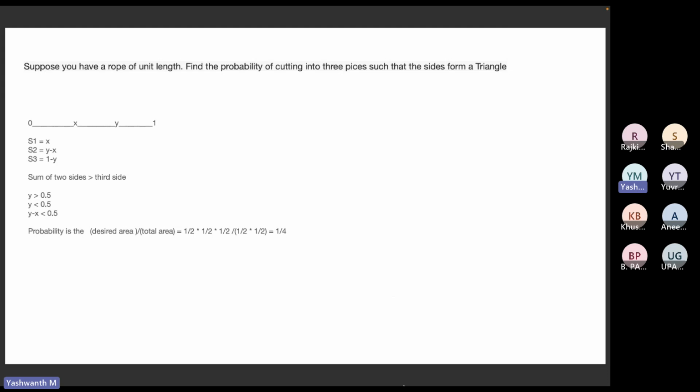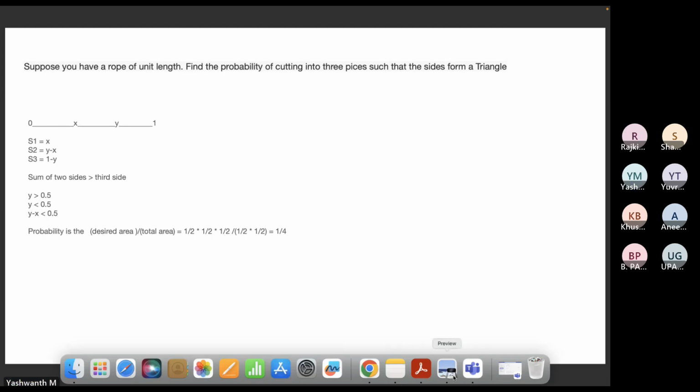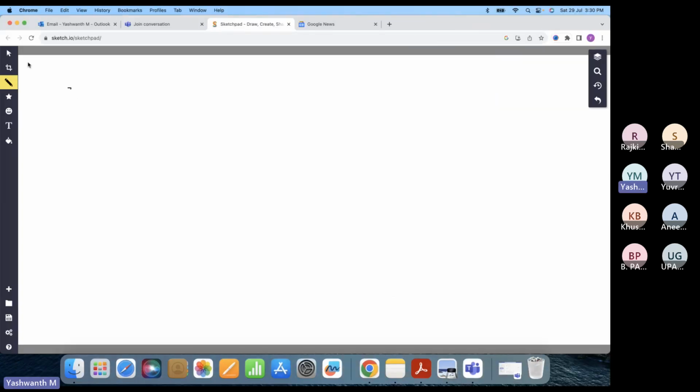So S1 is x, S2 is y minus x, I believe, S3 is 1 minus y.